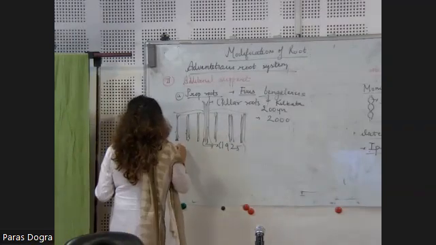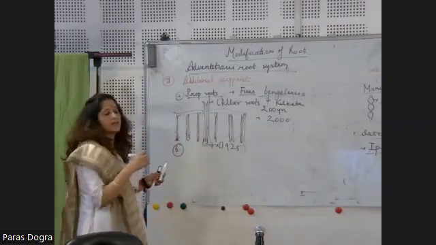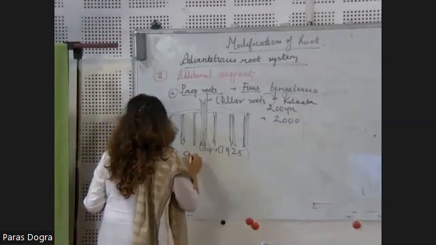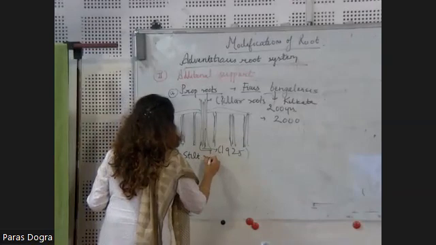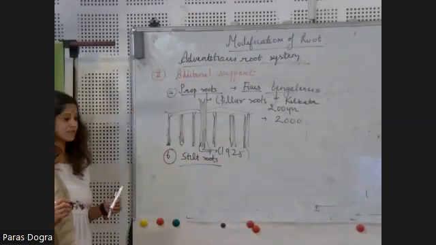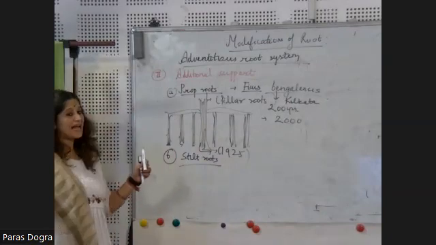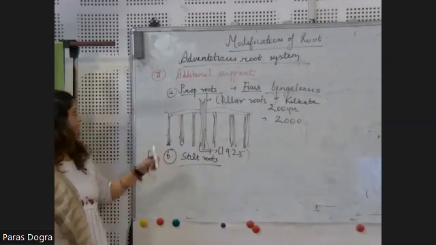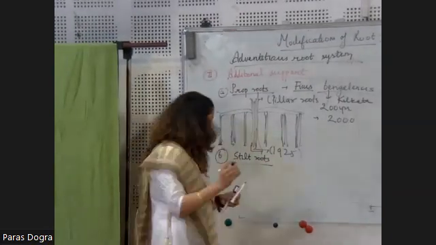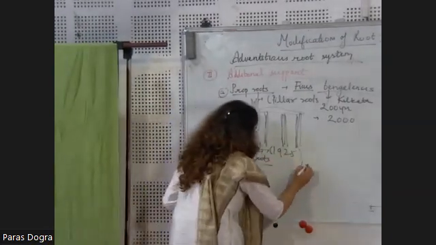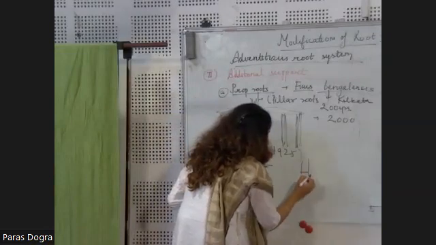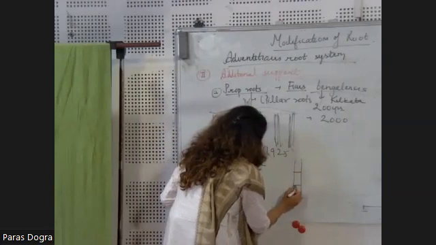Then the next category of adventitious root which gives additional support are the stilted roots. So what happens in case of stilted roots? Stilted roots are not as tall and not as thick as the prop roots, but these are small, thicker roots which arise obliquely from the lower nodes of the stem, like this.